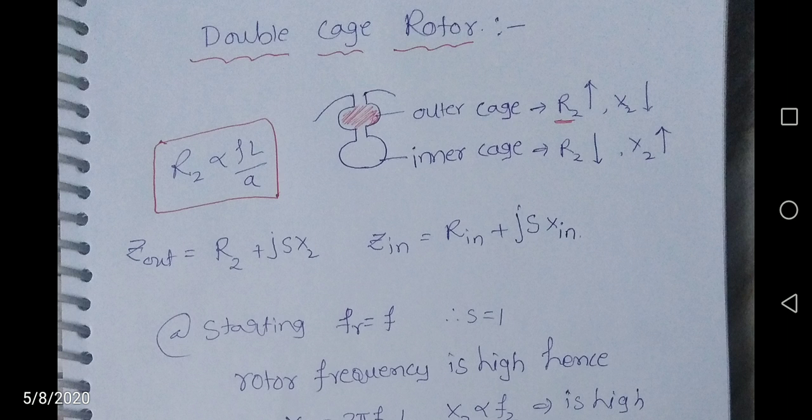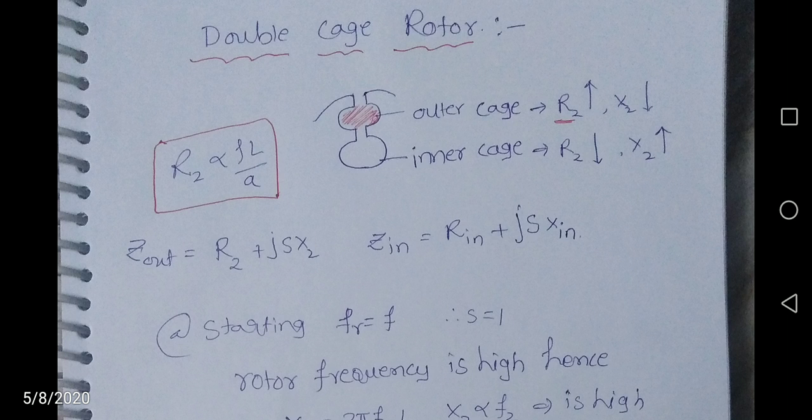In the skewed rotor method, the rotor bars are inclined to the shaft. So the effective length of the rotor bars increases, and then the resistance increases.